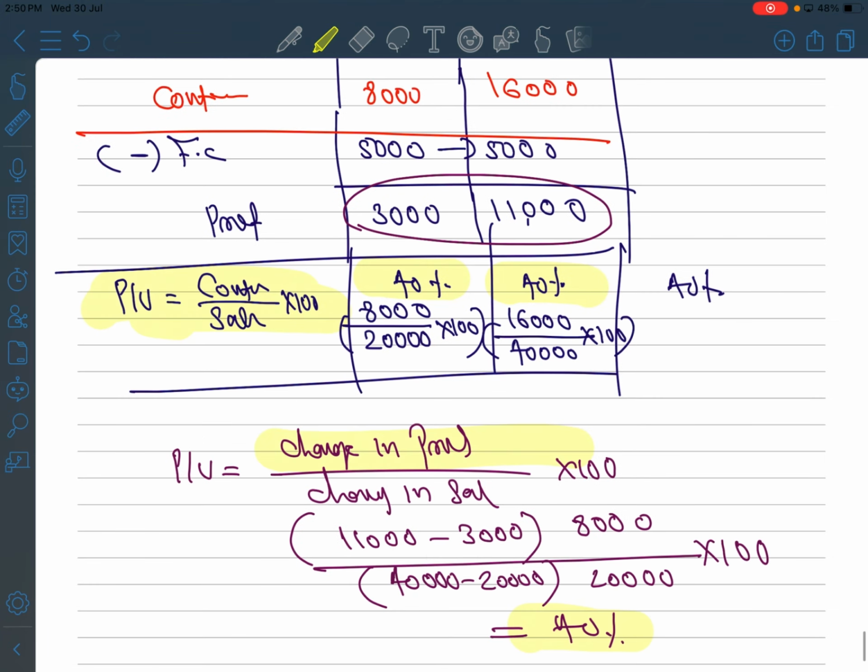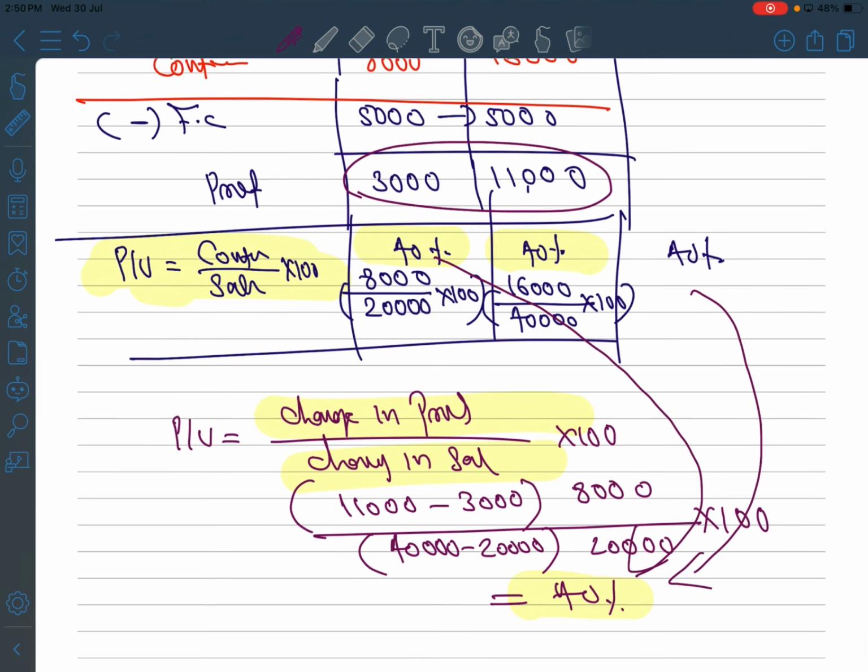If the question gives 2 years information, we can use this; the PV ratio will be the same. But if selling price is increased or decreased, or if there is a change in fixed cost, this equation will not work. You don't need to think that much when 2 years information is given, just apply this equation. That's all.